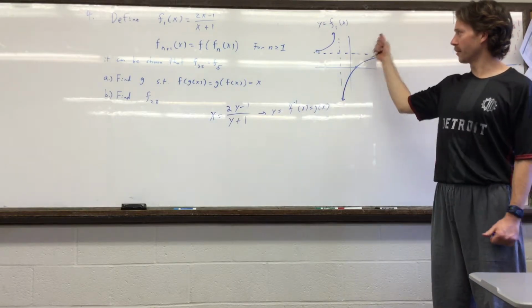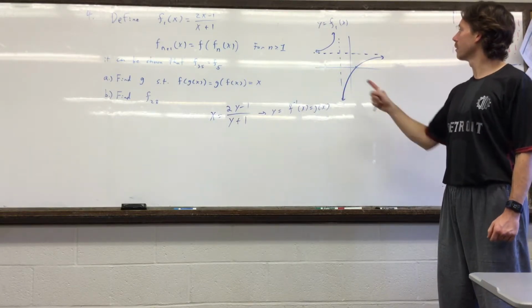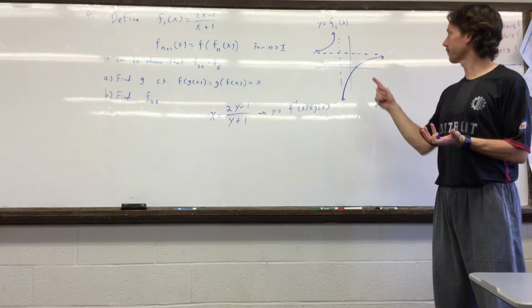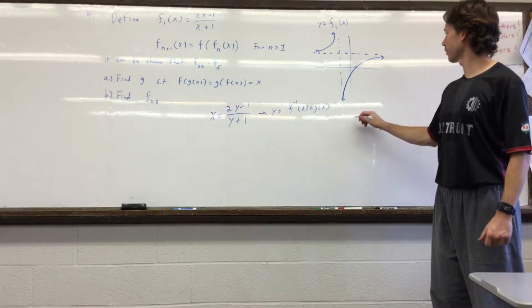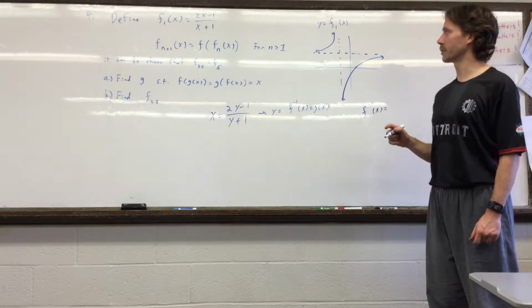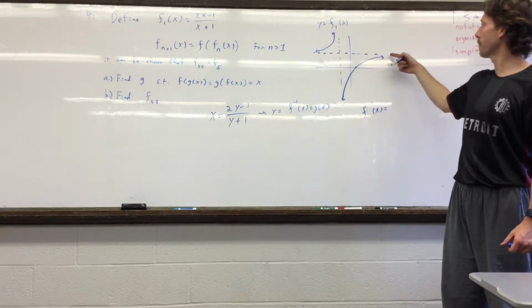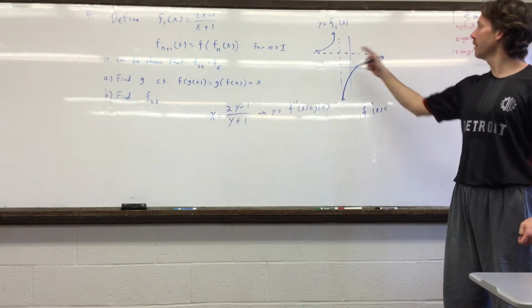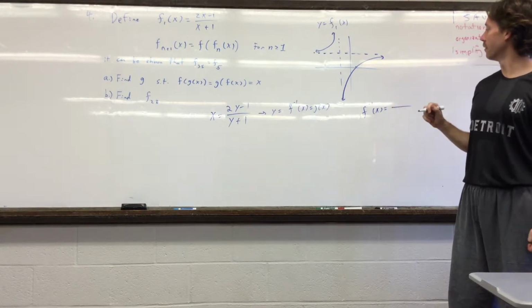And if I just think about a reflection of this function across the line y equals x, I can see that the inverse ought to be another transformation of 1 over x, right? So f inverse of x should be some function where, because 2 is not in the range of f, 2 should not be in the domain of f inverse.